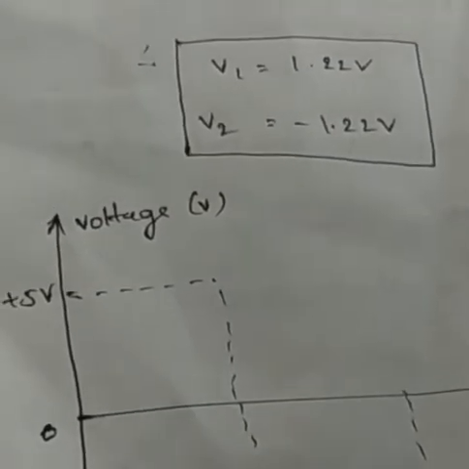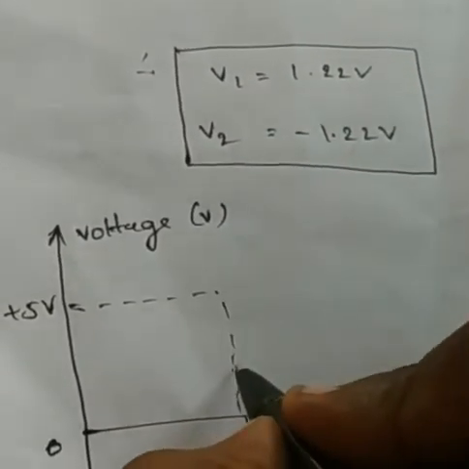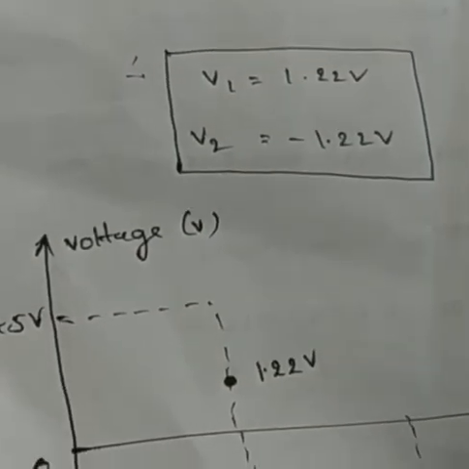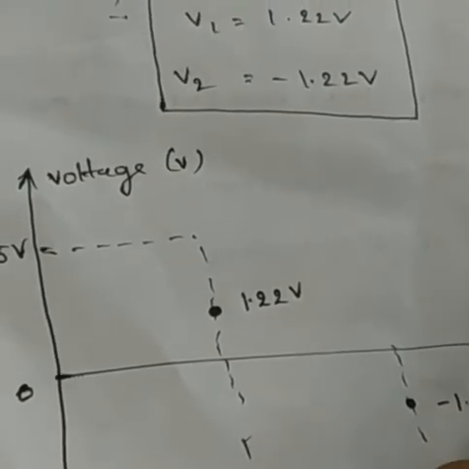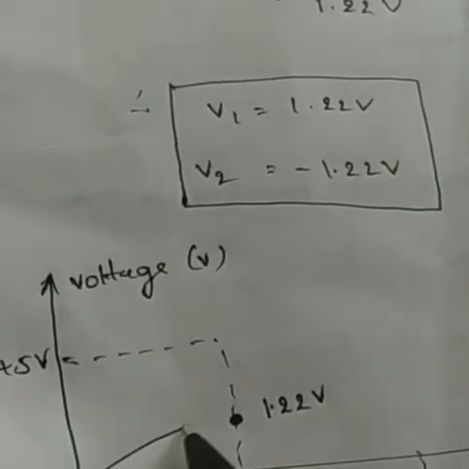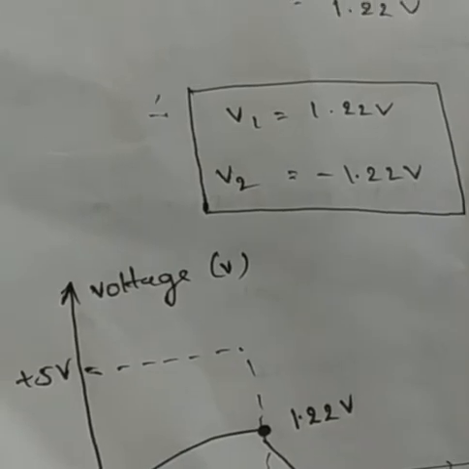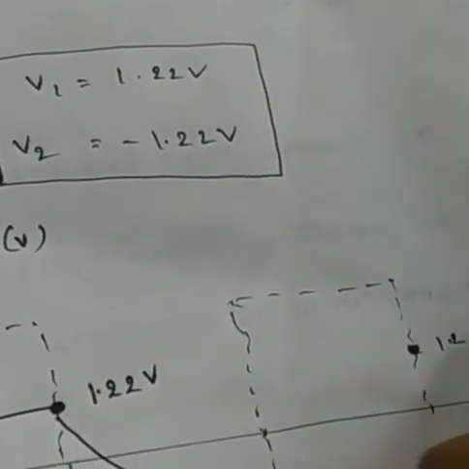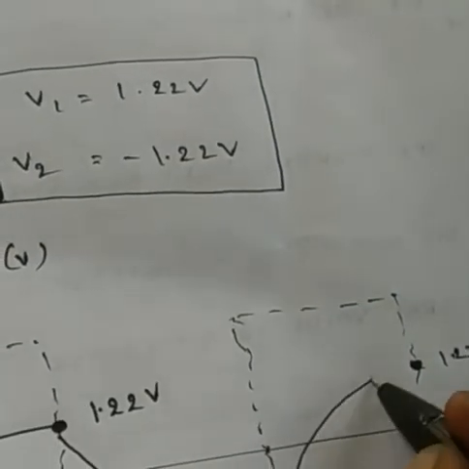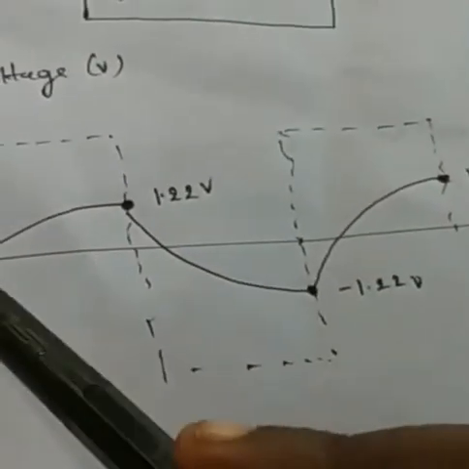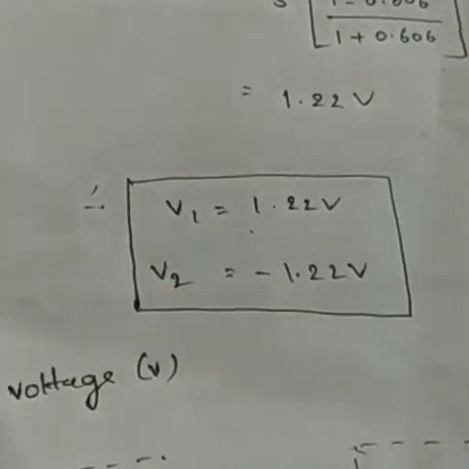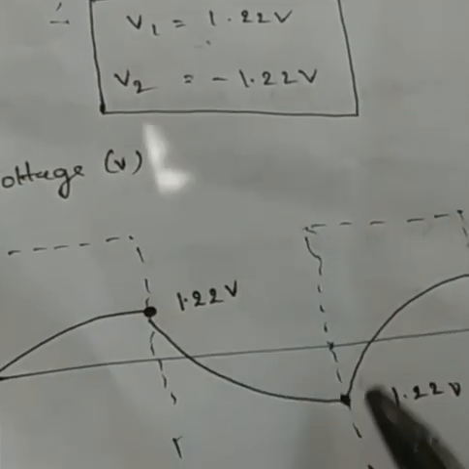So V1 should be placed here, this is 1.22 volts, and this is minus 1.22 volts. This is V2. And I'm extending it. This is the output curve, these are the final voltage values and the output waveform.